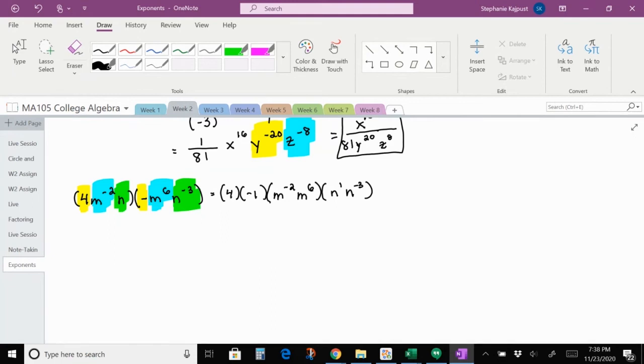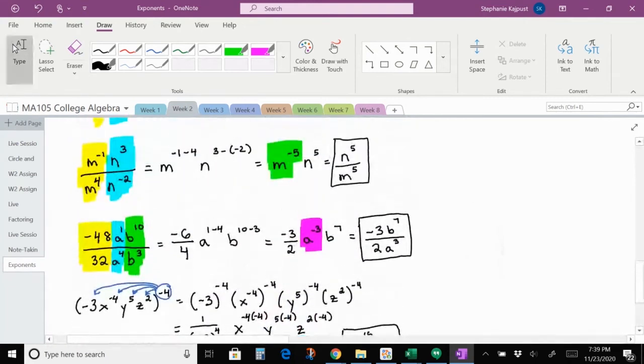So when we're simplifying something like this, our numbers, you just multiply your numbers together. 4 times negative 1 is negative 4. On the variables, you add your exponents. When you're multiplying, the exponents add. When you're dividing, like in these problems, they subtract.